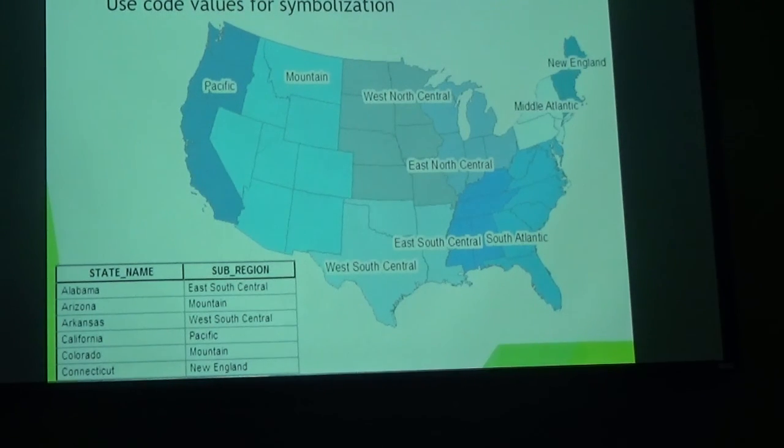So this is the continental US with the states. Yeah? You will say, yeah, there are the states. But it doesn't show that, because right now here, I assigned a subregion to each of these states. Groupings. Yeah?